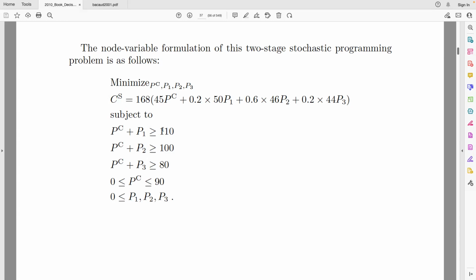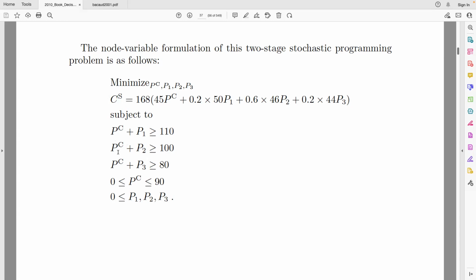So we have to at least meet the demand. This could be equal, could be greater or equal, it doesn't matter, because we are minimizing a cost function.